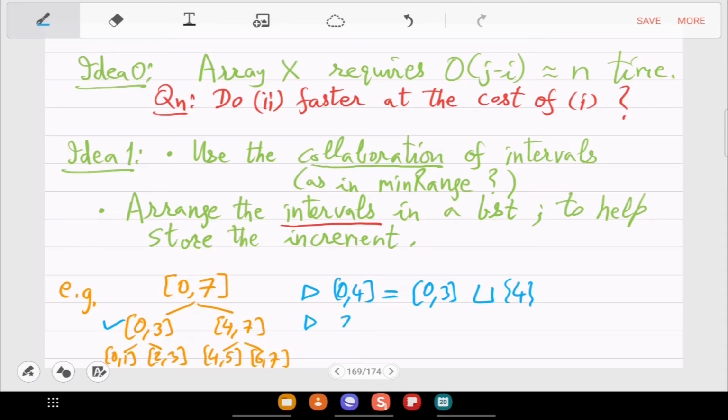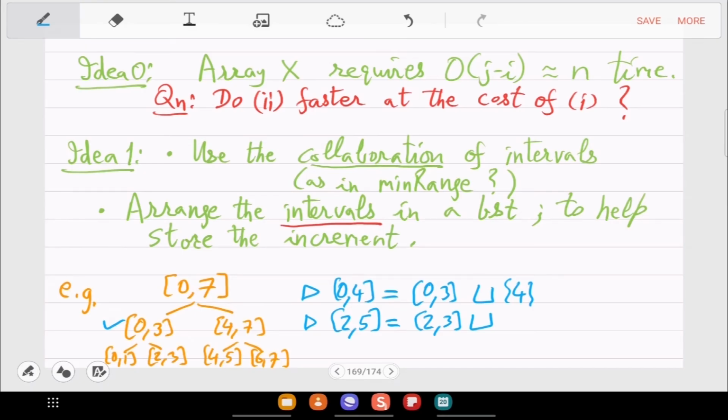How will you partition 2, 5? To get the lower part, 0, 3 is incorrect because it has extra elements, 0 and 1. So you have to go to the right side of that, which is 2, 3. So 2, 3 will work. And what next? 4 and 5 remain, right?